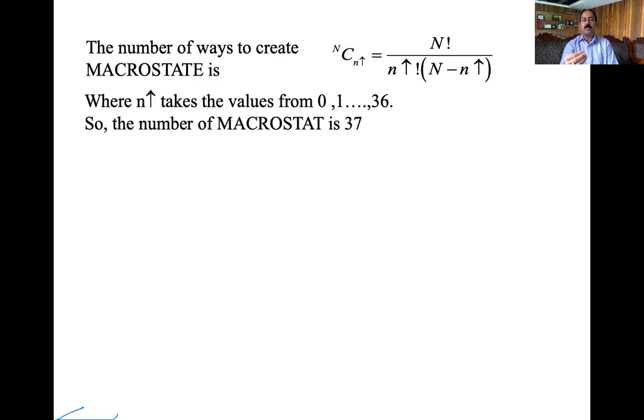It depends on the value of small n up. So n can take values from 0 to 36. So altogether, 36 macrostates are possible. So finally, we come here: out of the 36 cells of this checkbox, there are 6.9 times 10 to the power 10 microstates and only 36 macrostates.